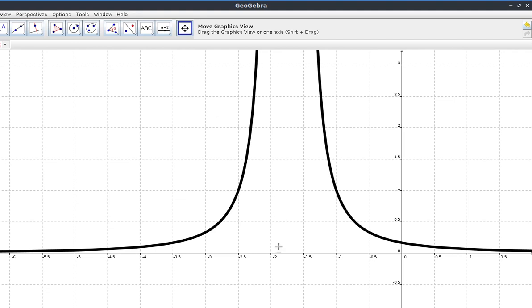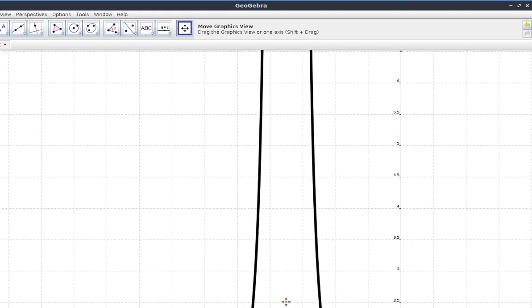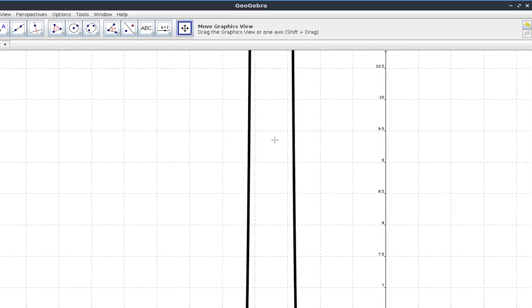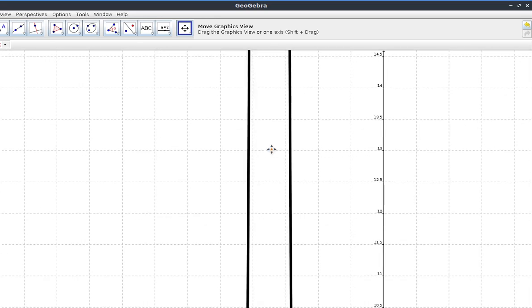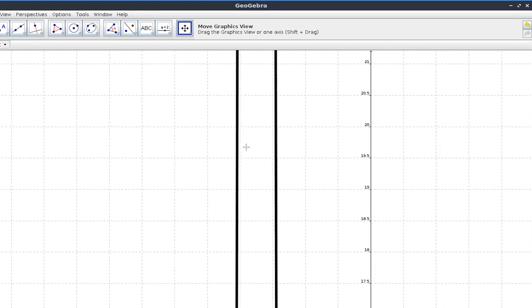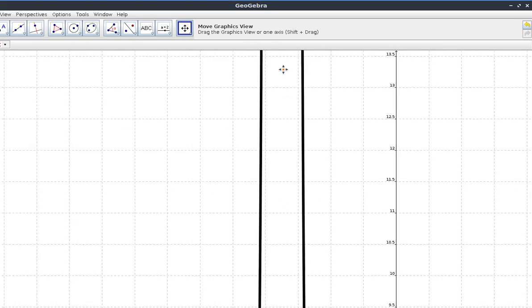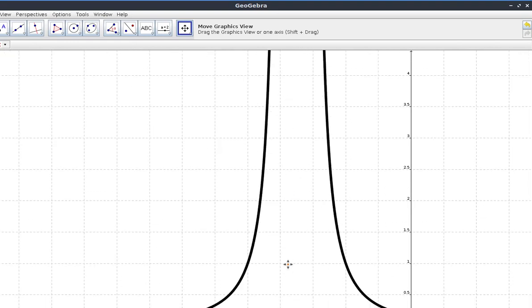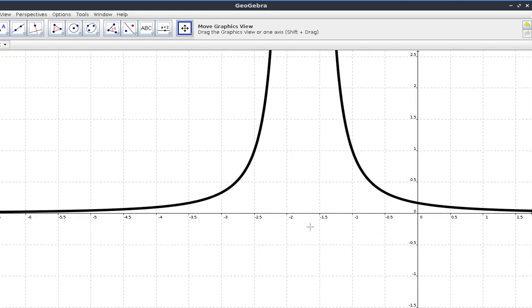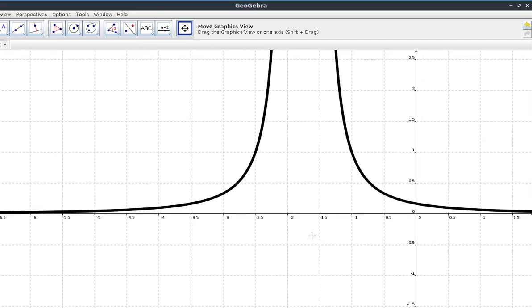Let us see these two lines here, what happened there. We can see that the curve gets closer and closer to them, but never touches them. So we have the point of discontinuity there.